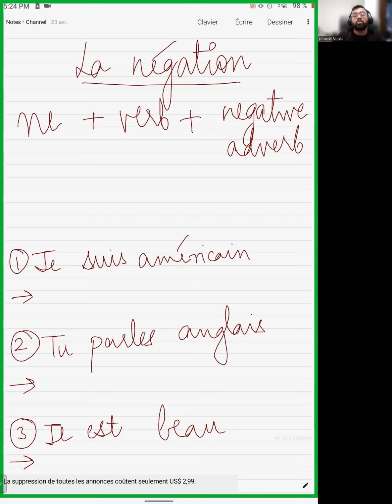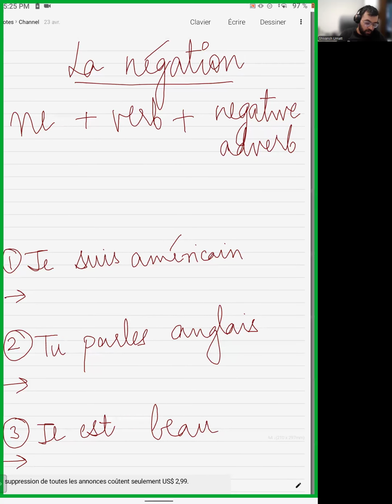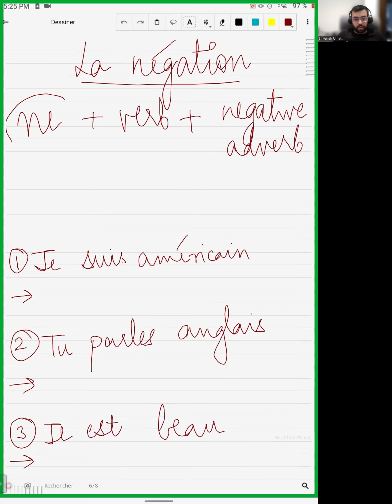So the word not in French is expressed not using one word, but by using two words. Any negative sentence in French is used along with two words. First is the word ne, and the other word is the negative adverb.